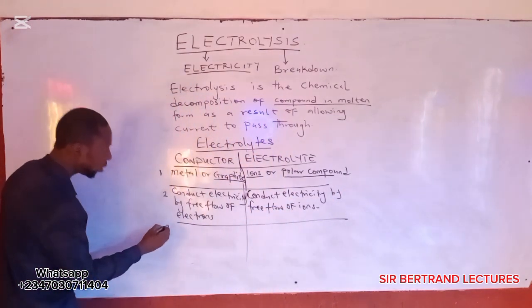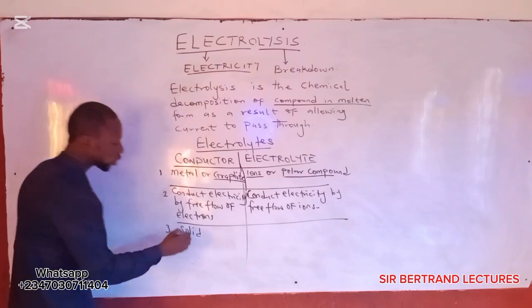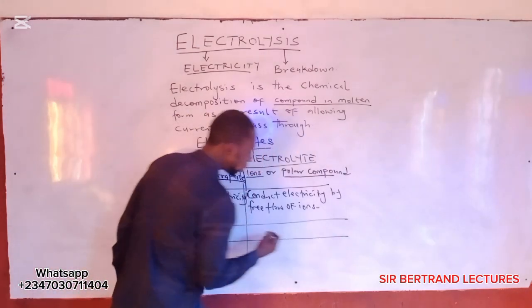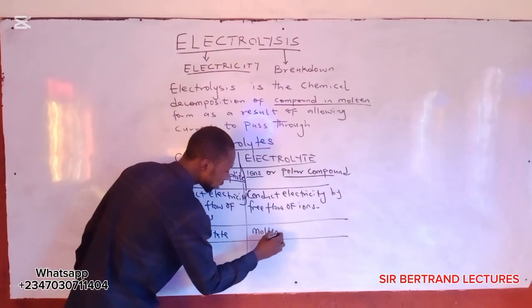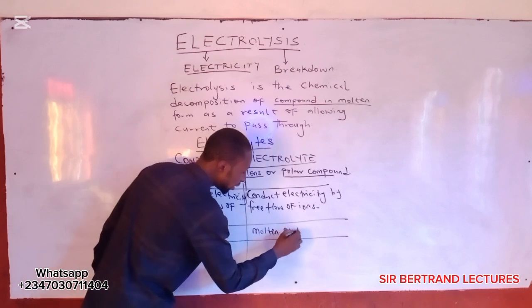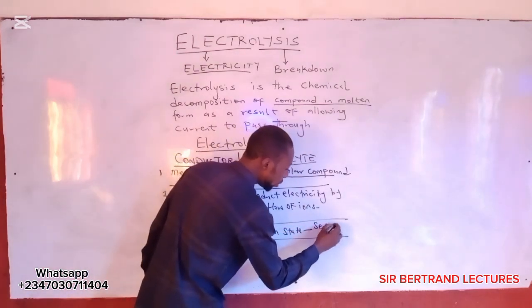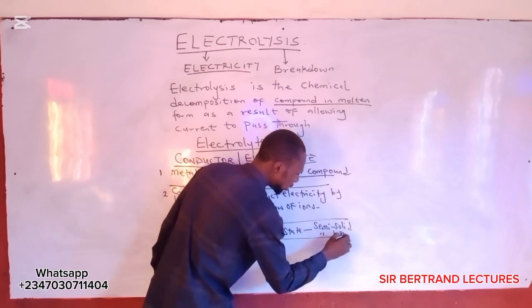Number three, conductors are solid. They are in solid state, while electrolytes are in molten states, which means they are in the form of semi-solid or semi-liquid.